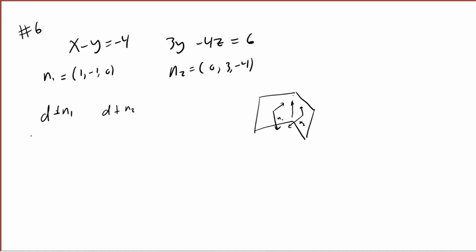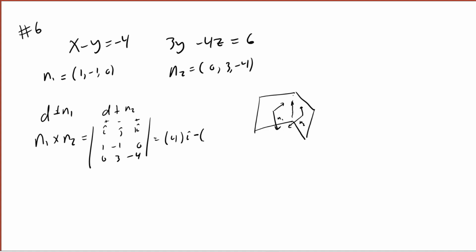So how do I get a direction vector that's orthogonal to the two vectors? Well, I just do n1 cross n2. And let's compute. So this is going to be 1, minus 1, 0, and 0, 3, minus 4. Okay, so cross out the i, we have 4 minus 0, i hat. And then we have minus, cross out this, we have minus 4 again.